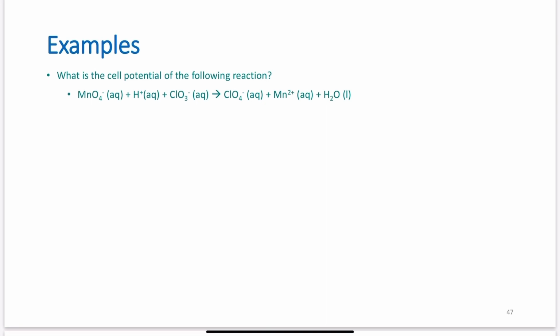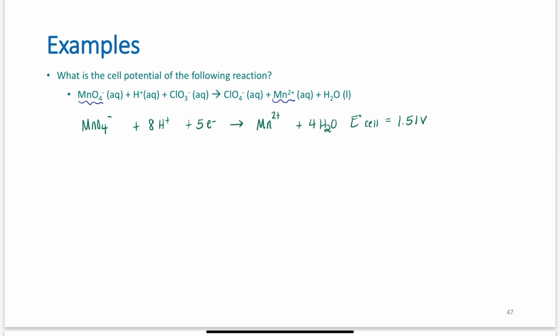When I go back to the table, I find MnO4 minus plus 8H plus plus 5 electrons is going to give me Mn2 plus plus 4H2O. And the standard cell potential for this is 1.51 volts. That was the reaction I could find with MnO4 minus and Mn2 plus.